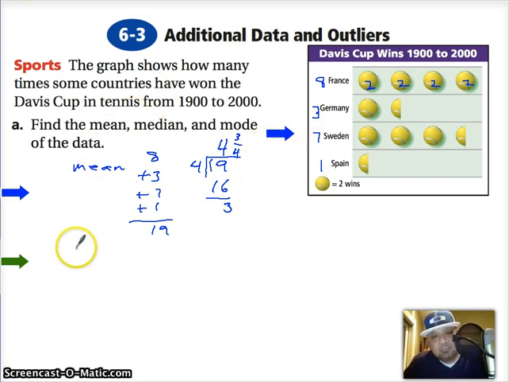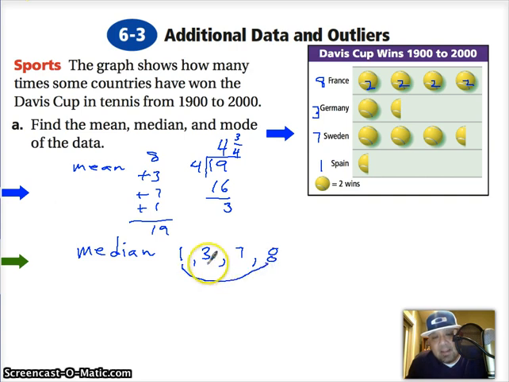Let's take the median first. The median is the middle number, whereas the mean was the average. We'll put the numbers in numerical order: 1, 3, 7, and 8. We use that rainbow method. Oops, we have 2 in the middle. So what do we do with the 2 in the middle?